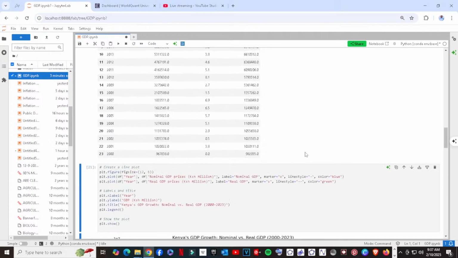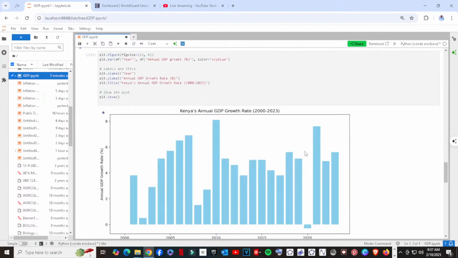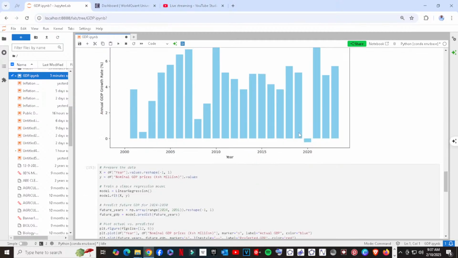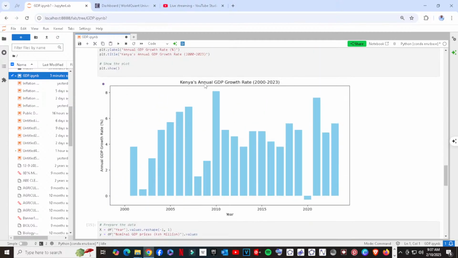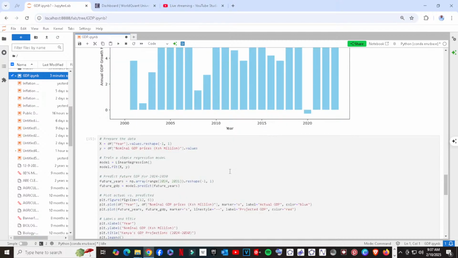So the next thing that I need to do, having seen the trend in the bar chart, that is Kenya's annual GDP growth rate from 2000 to 2023, that's the data that we have, is now to predict future GDP for the years from 2024 to 2030.